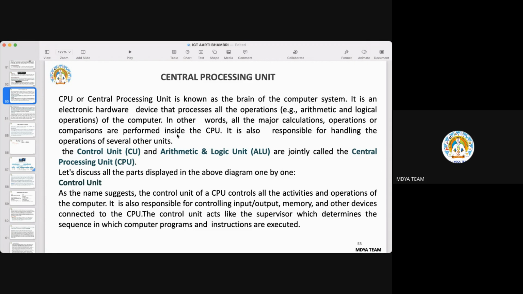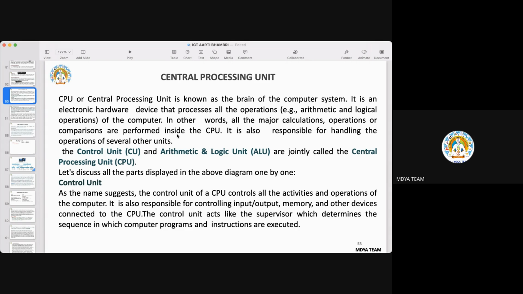So we are not going into much depth, but all the mathematical operations or logical operations, whether something is present or absent, the computer makes decisions accordingly. So all these things are done by this unit, which we call the central processing unit. All the major calculations, operations or comparisons are done inside the CPU.